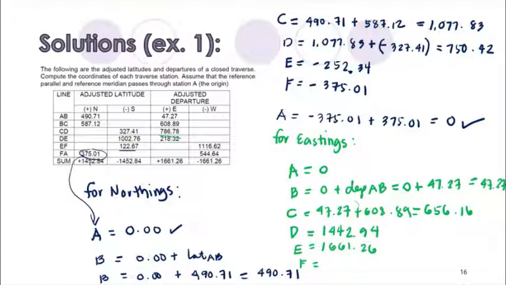Then F, we will use EF, no? So it's minus, so it's plus a negative. You have 1661, oh no, it's 116.62. You have F to be 544.64. Now, so expected, know that A is equal to 544.64.